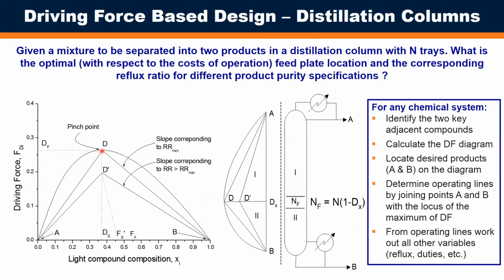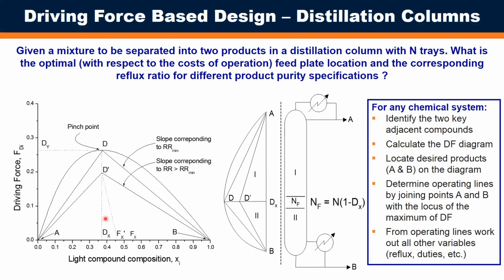And there are rules in place for how to translate this information into design information. So for any system that we have, we pick two adjacent compounds. We can calculate the driving force diagrams, and we specify the two products. So in this case, points A and B are 100% pure of each of the two species, but it could be any points in the composition space.